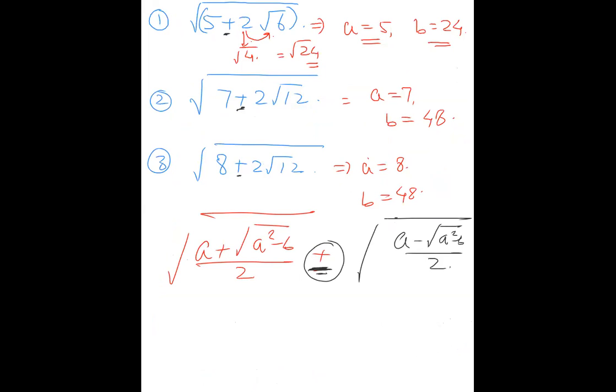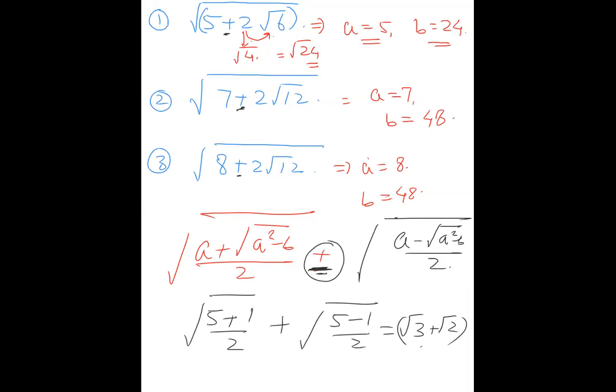So in the first case, 5 plus 1 by 2, plus under root of 5 minus 1 by 2: 6 by 2, 4 by 2, root 3 plus root 2. Similarly, this is 7 plus 1, 8 by 2, root 4 plus root 3.